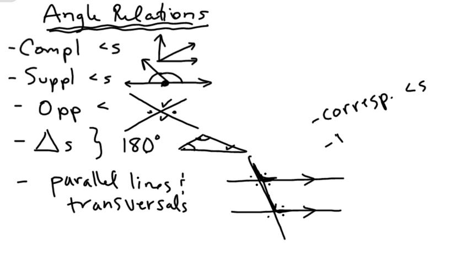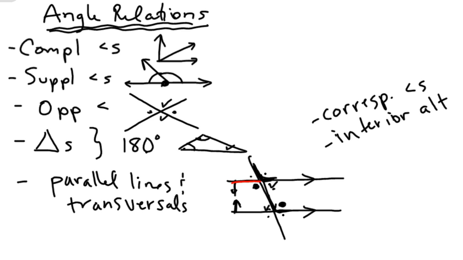Interior alternates, or what I called the Z rule, are the same angle. Inside the parallels, on alternate sides of the transversal, these two angles would be the same. And likewise, inside and on opposite sides of the transversal, these two angles would be the same. Remember, that's the idea of that Z rule I talked about.